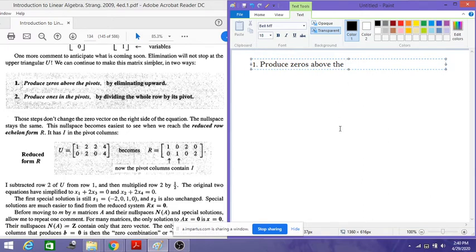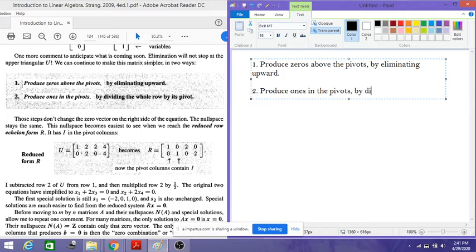For that we have to produce zeros above the pivots by eliminating upwards. And the second point is to produce ones in the pivots by dividing the whole row by its pivot.